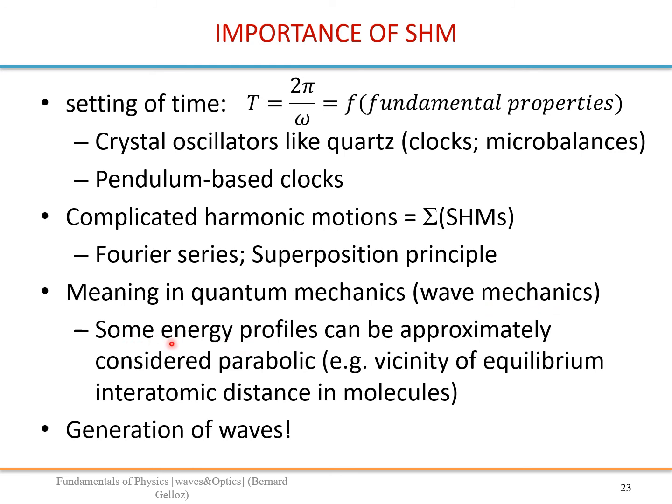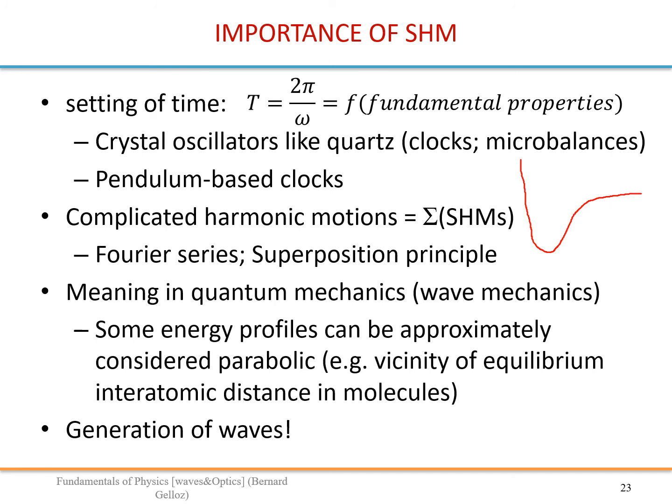And we can use also quantum oscillators, which are often used as approximations of more complicated quantum systems. So you probably know in chemistry the potential energy of, let's say, a molecule. Usually it is represented like that. It's a Morse potential.